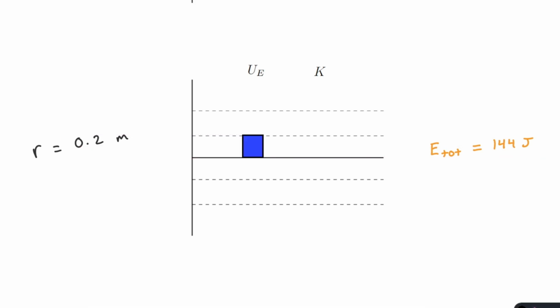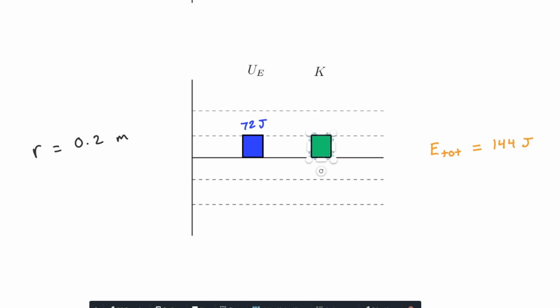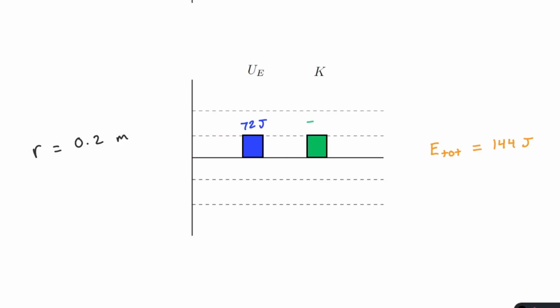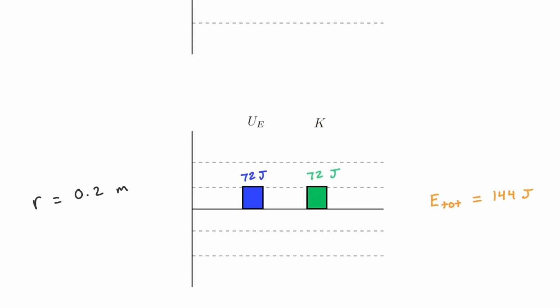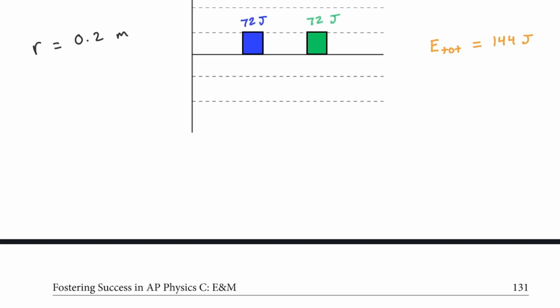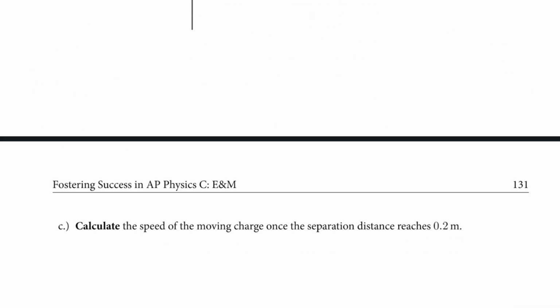This time our potential energy has decreased to 72 joules. Just by accounting, we can see this was an exact 50-50 split, where now our kinetic energy is going to make up that remaining 72 joules. And we see this works out, because I have 144 plus 0, that's 144. Or I have 72 and 72, which is also 144.